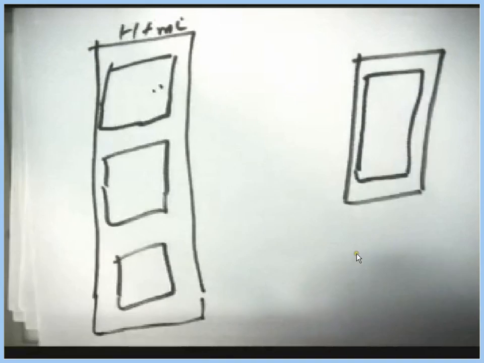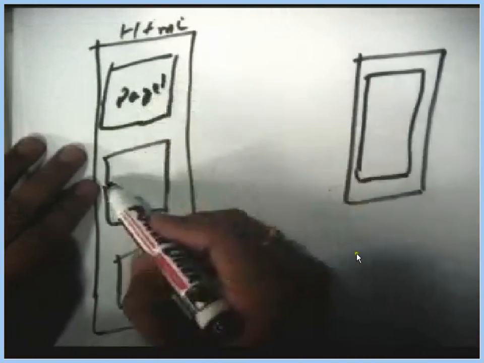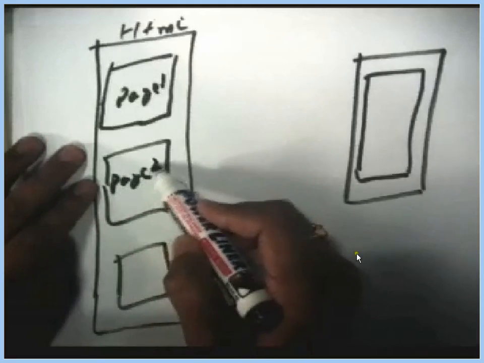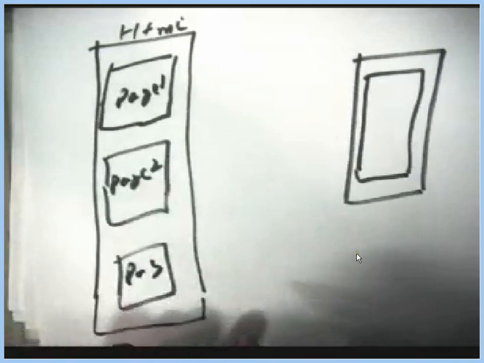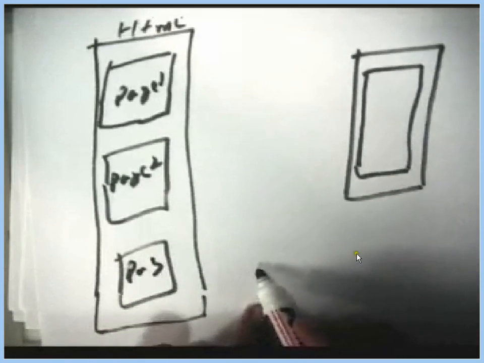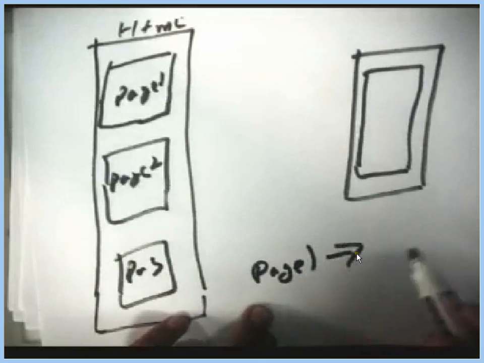Now think that this is page 1, this is page 2, and this is page 3. Now I am using navigation from page 1 and I move to page 2.